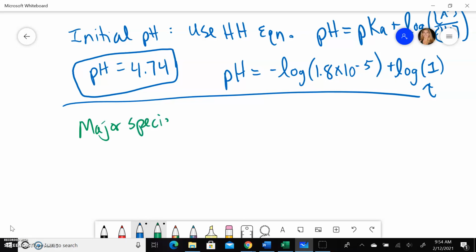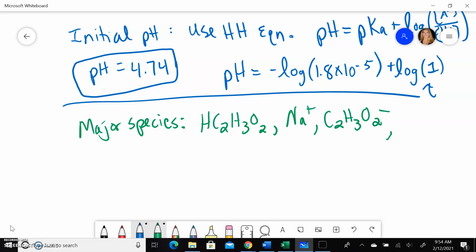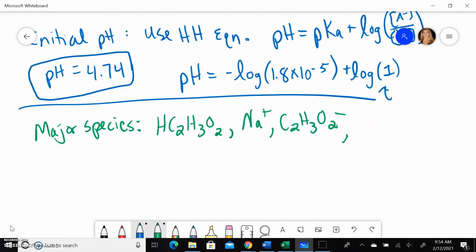We're going to start with solution A. In solution A, we have the weak acid, the acetic acid. It's weak, so do not break it apart. We have the sodium acetate, which is a soluble salt, so it's going to break apart. We have the strong acid, HCl, and you do break apart strong acids. We have some water, and I think that's it.